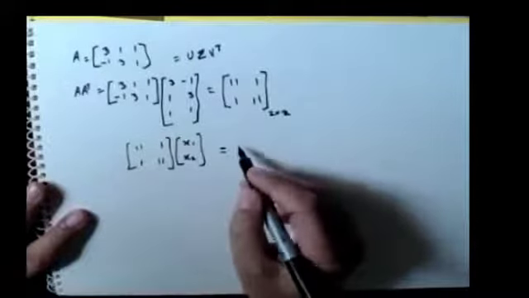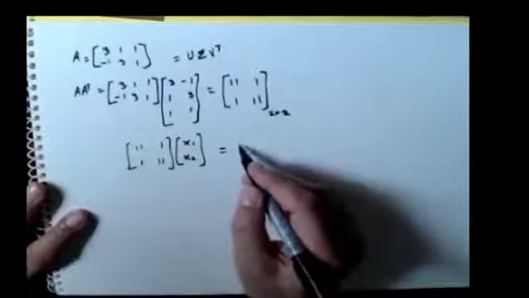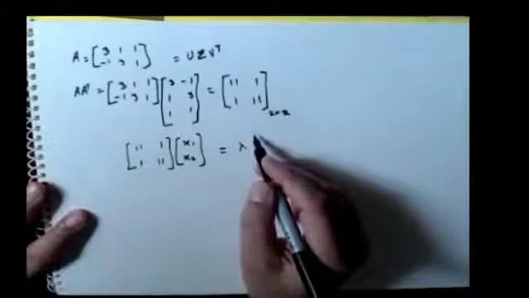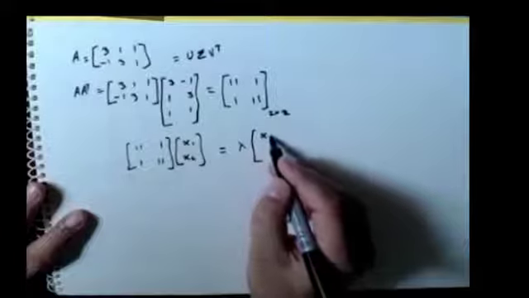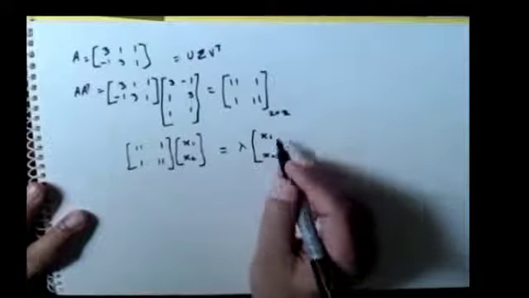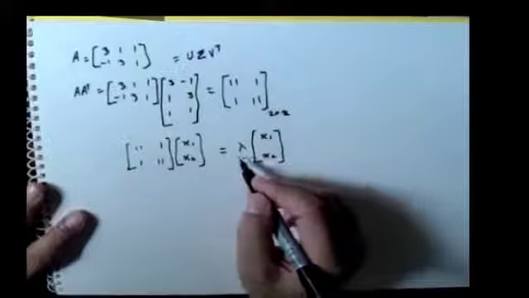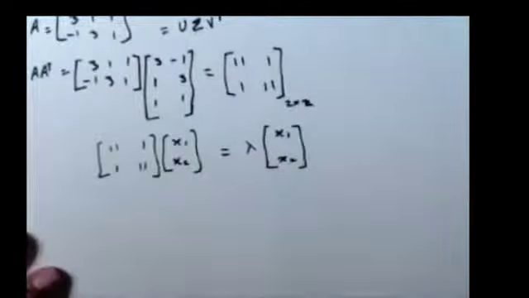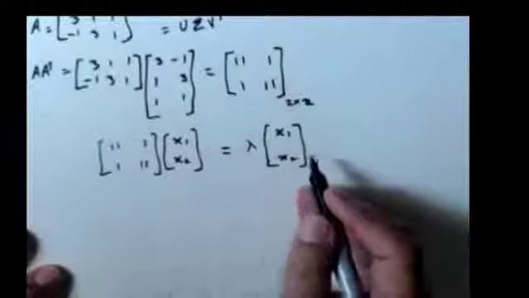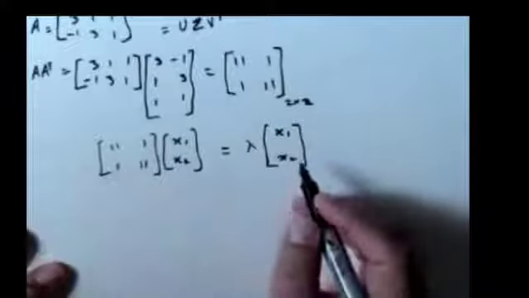This will be, let's call it lambda times the vector, and this will give us back the original matrix, which is stretched by this lambda over here. So we can rewrite this as a set of 2 equations.